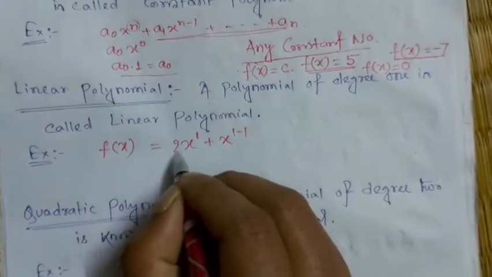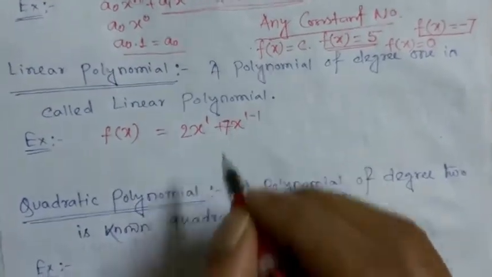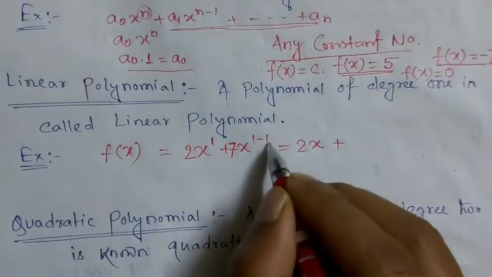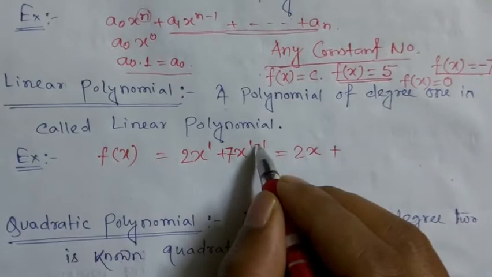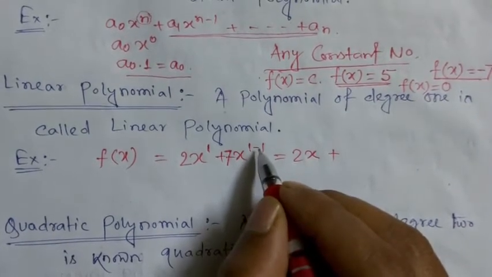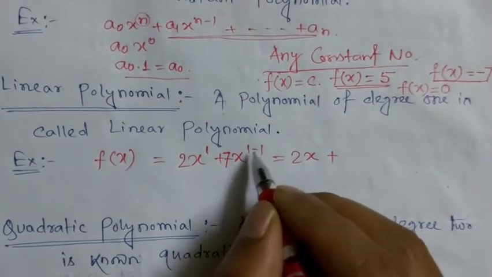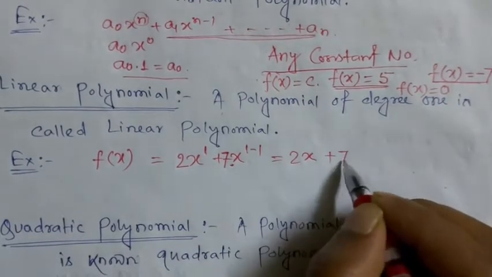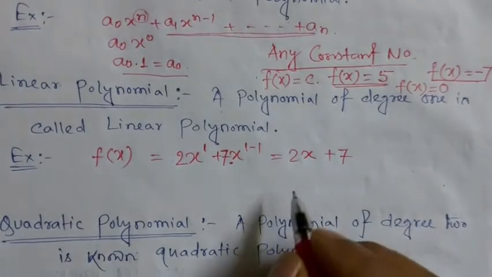For example, 2x to the power 1, that is 2x, plus 7 times x to the power 0. Any number to the power 0 has value 1, so 7 into 1 is 7. So 2x plus 7 is a linear polynomial.